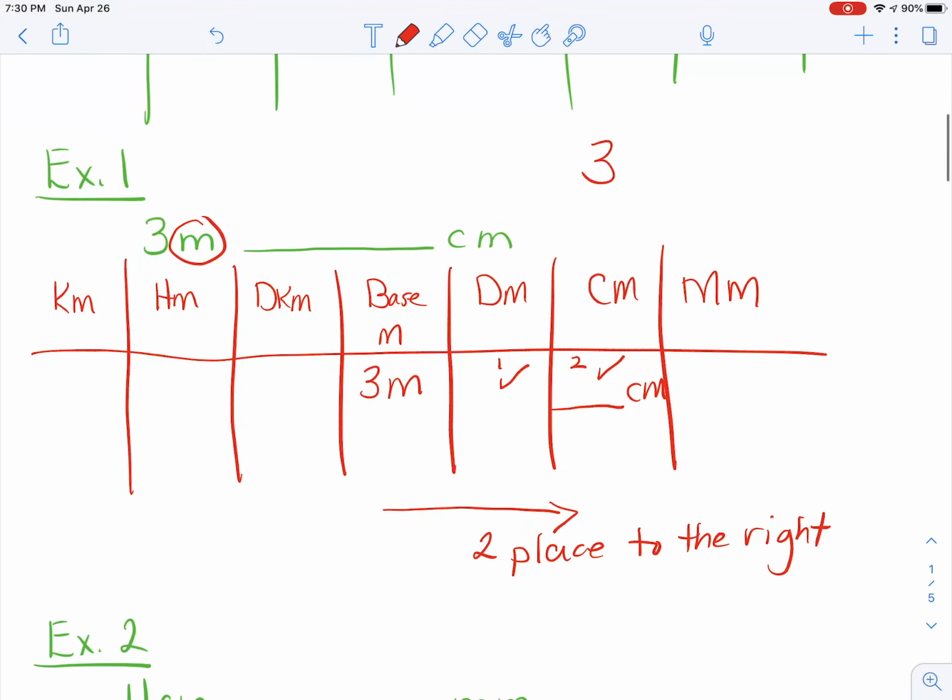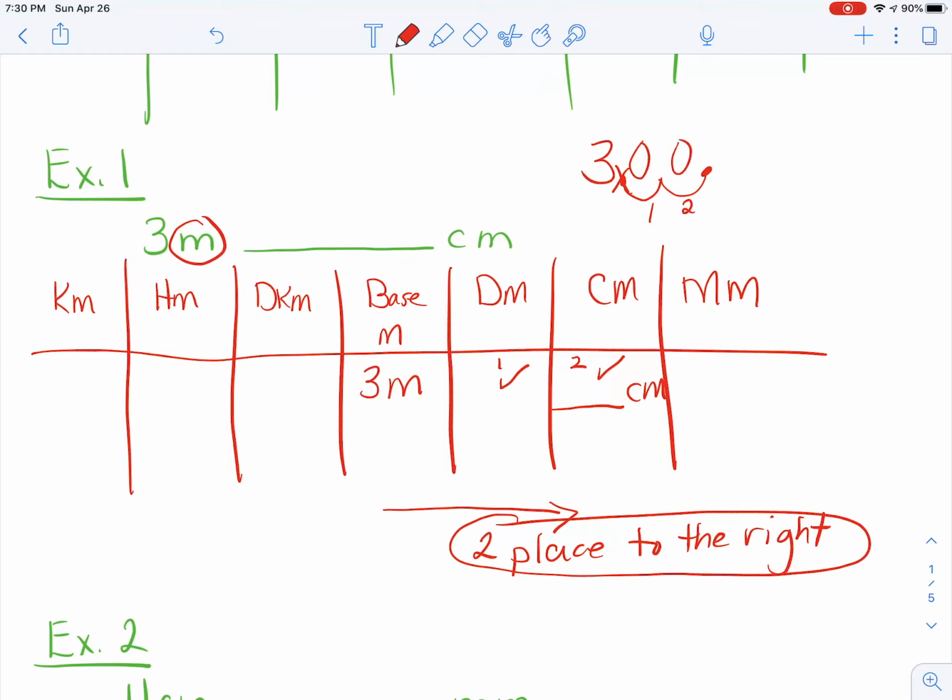So when I look at the number 3, I don't see a decimal, but I know if I don't see a decimal, it is behind it. So I'm going to move that decimal 2 places to the right. 1, 2. So now my decimal's here. It's not there anymore, so I fill in with 2 zeros. So 3 meters is 300 centimeters.